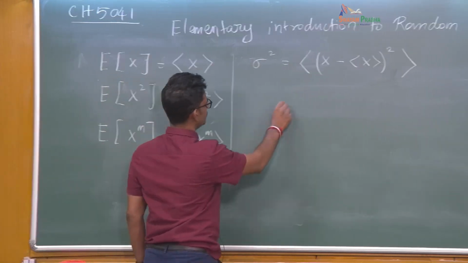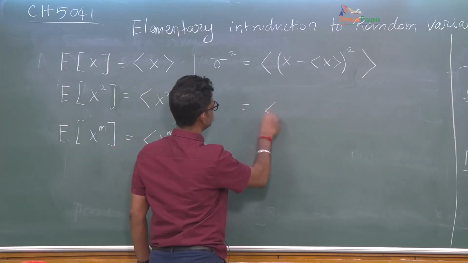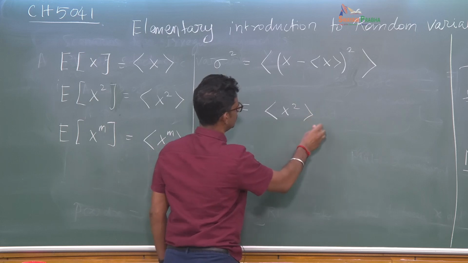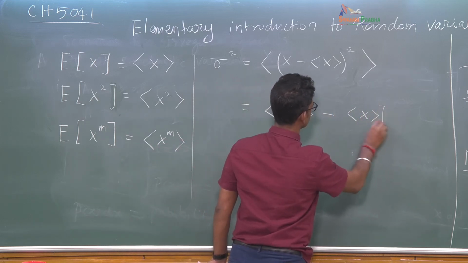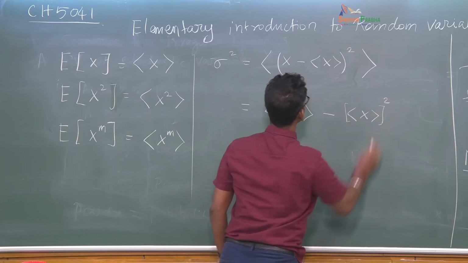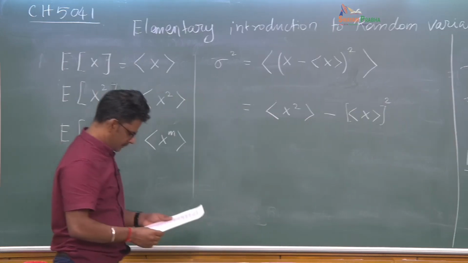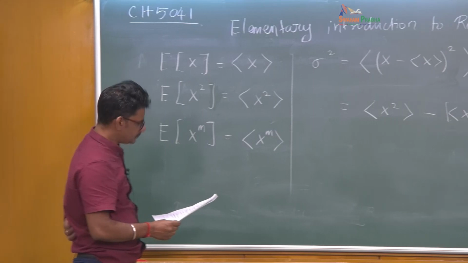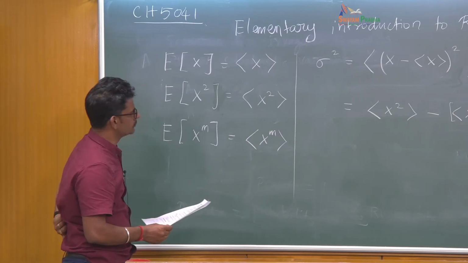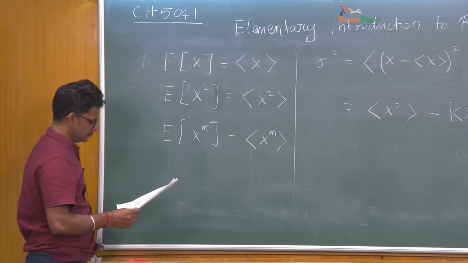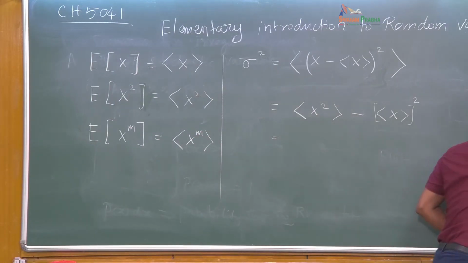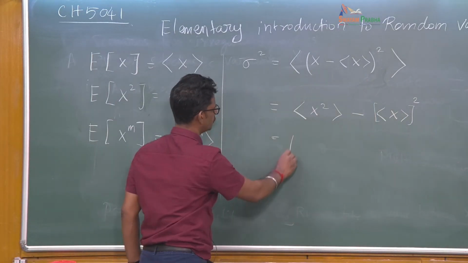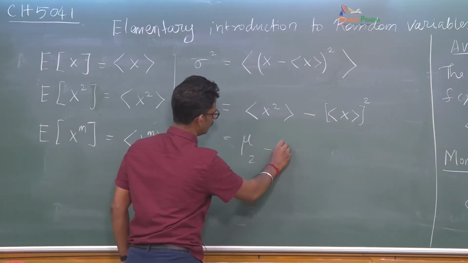And if you expand this, you will see that in terms of this notation mu, this becomes mu2 minus mu1 squared.